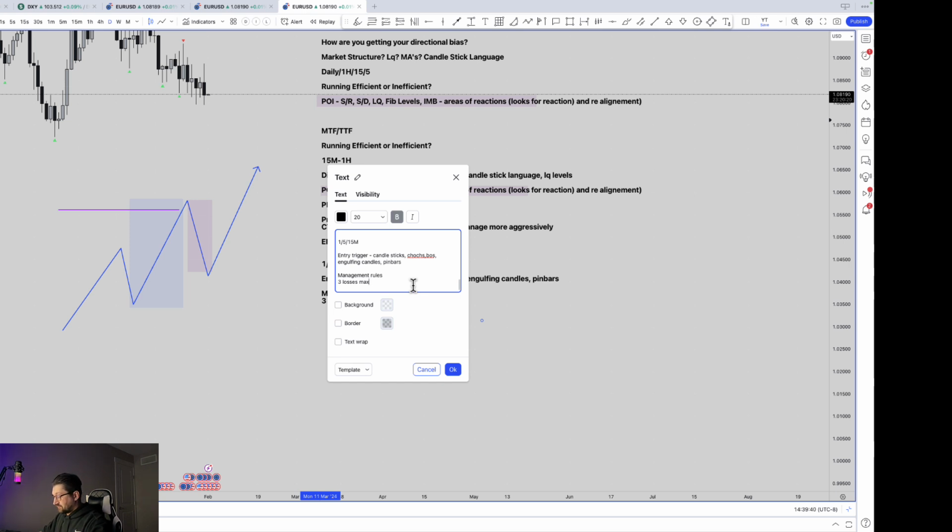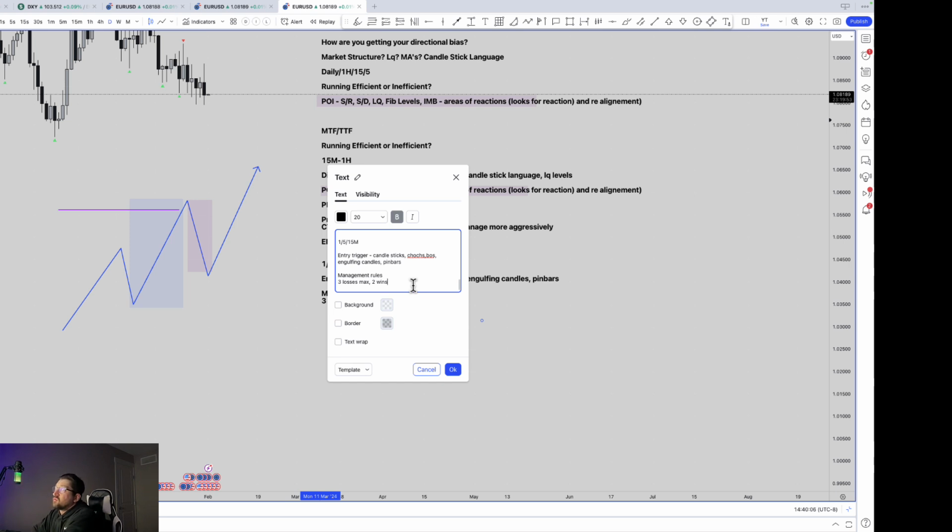On the other side of the spectrum, maybe you're willing to take more than three losses and go to 4 or 5, but you're only risking 0.2% or something. That's totally up to you. For me, I do 3 losses max. For winning trades, I do 2 wins max, and I walk away.